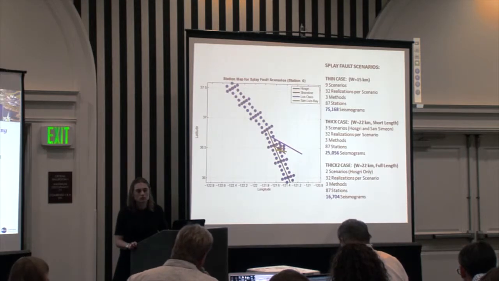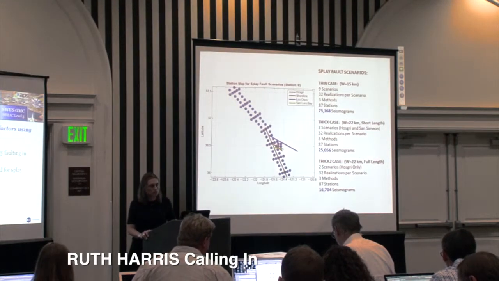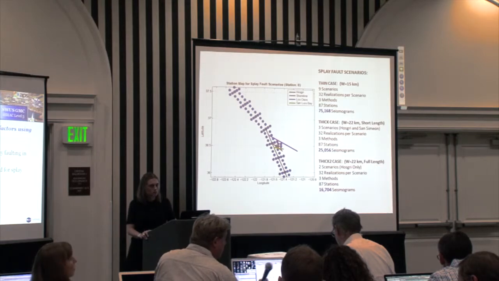There's also a case that David Oglesby did studying Denali in which there was jumping to Tok, which came about from a favorable orientation with respect to the regional stress field. I mean, Doug and prior co-authors on that. It's Julian again.